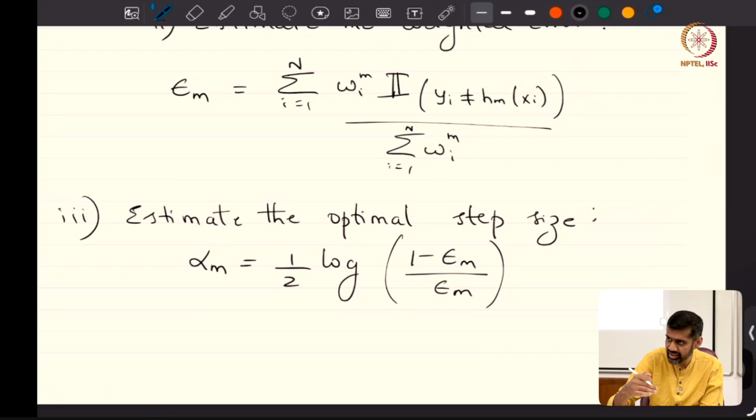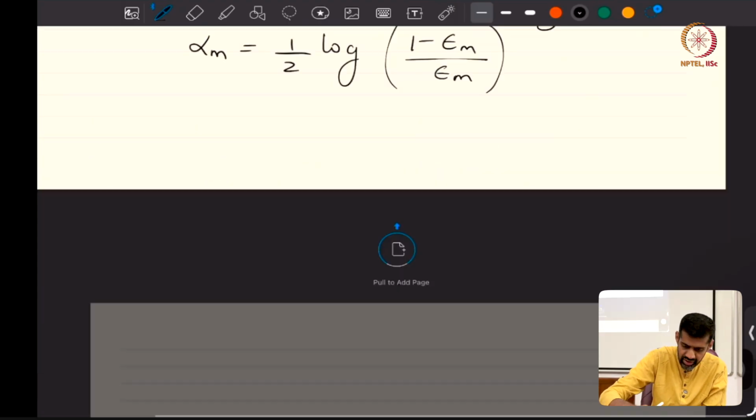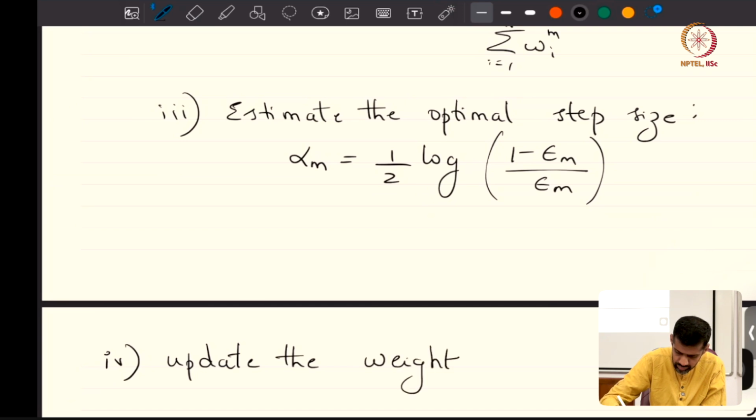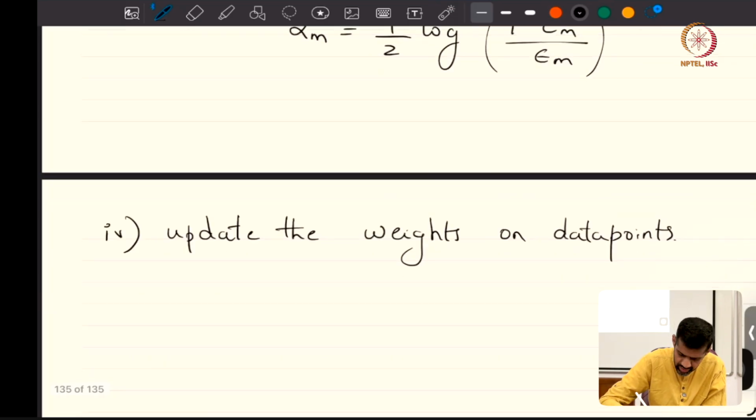Just first I will write the algorithm and then, so we estimate alpha m. What is alpha m? It is the optimal weight that we have to associate with the classifier, so that we add it to the next one, correct. And then we have to update the weights.